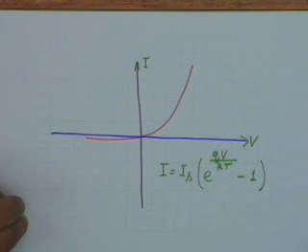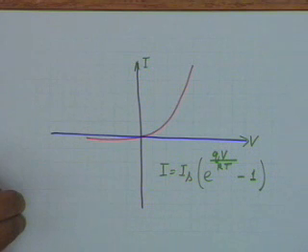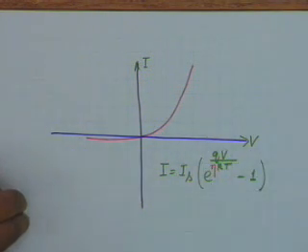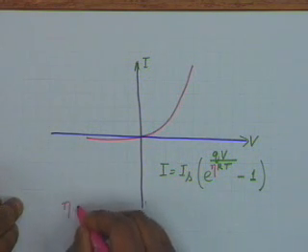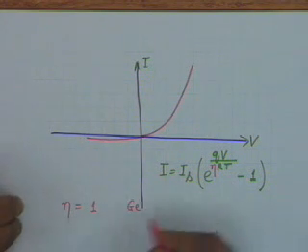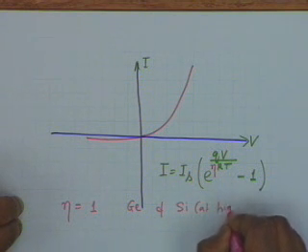Now it is found that depending on the material, that is germanium or silicon, and depending on the current level that is conducted, it is safe to put a factor eta here in the denominator, where the value of eta is equal to 1 for germanium diodes and for silicon at high currents.